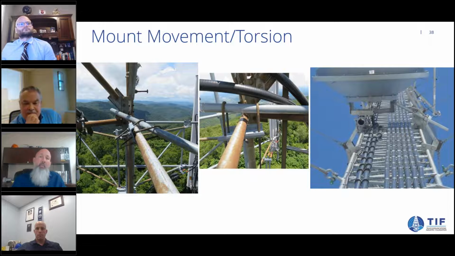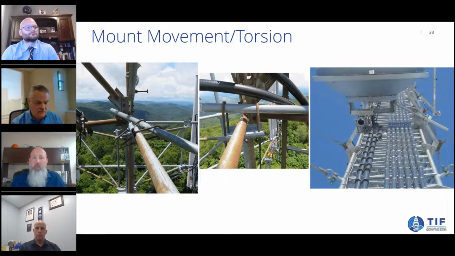What do we see here, Ryan? Yeah, so in the left photo and the center photo, obviously not quite as bad as the photos that we had previously in the presentation. But as John mentioned, we really shouldn't be attaching stiff arms or side struts to our horizontal tower bracing. It's not what they were intended for.